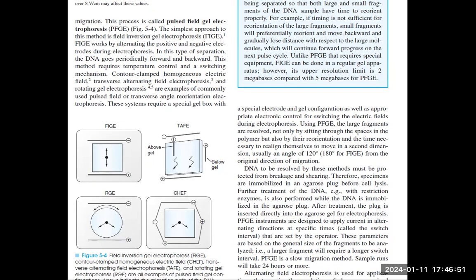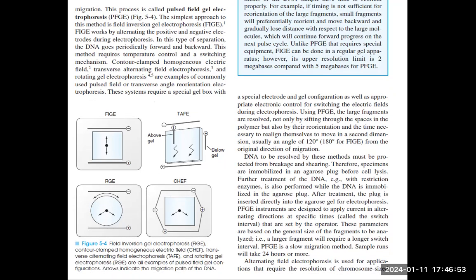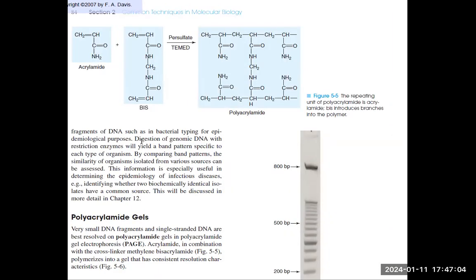Okay, so alternating field electrophoresis is used to resolve chromosome-sized fragments of DNA, and it's fit for cases like bacterial typing, especially in epidemiologic studies.